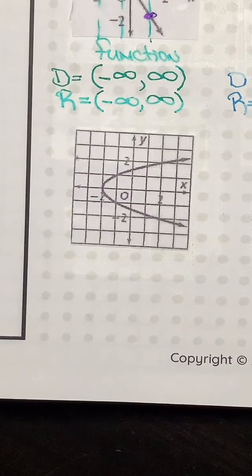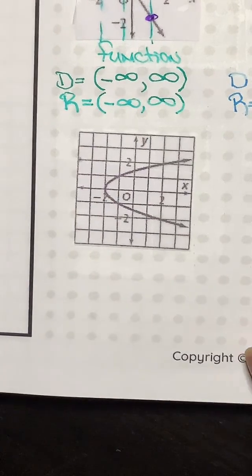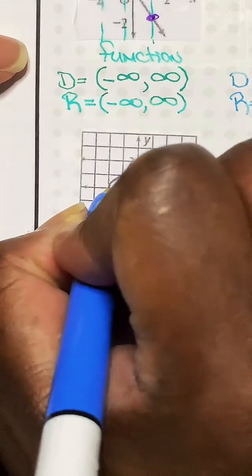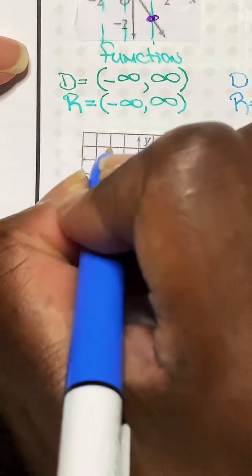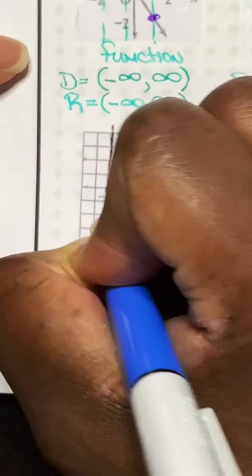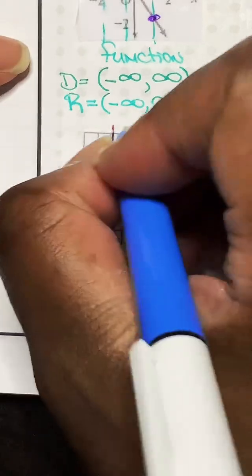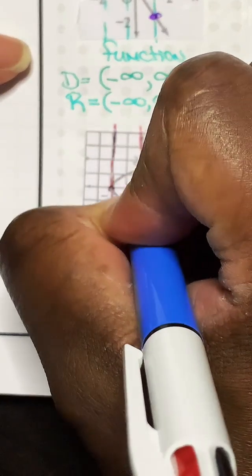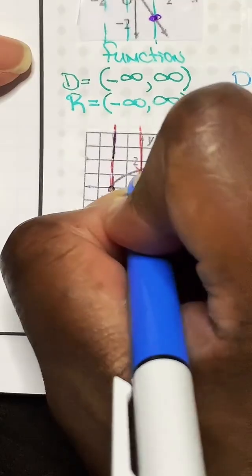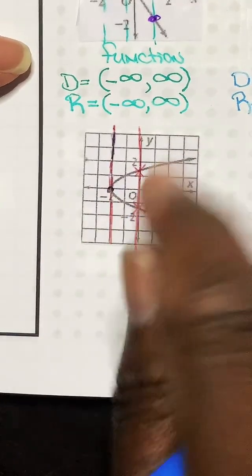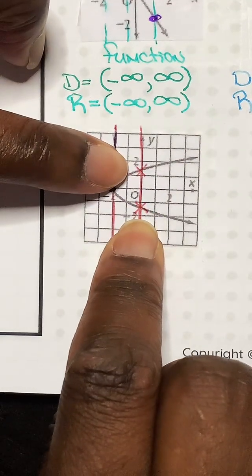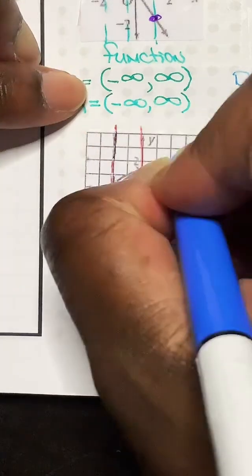Although this point here, if I drew a vertical line, let me use a color that you can see. If I drew a vertical line, it does go through one point here. However, if I let that vertical line travel elsewhere, it is crossing right here and here, the two spots. So the x's are repeating here.